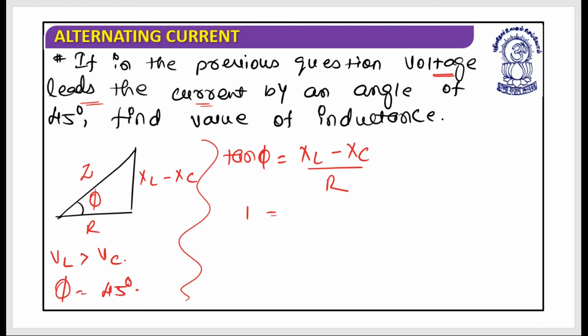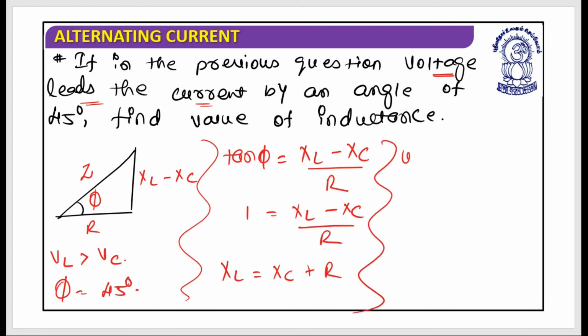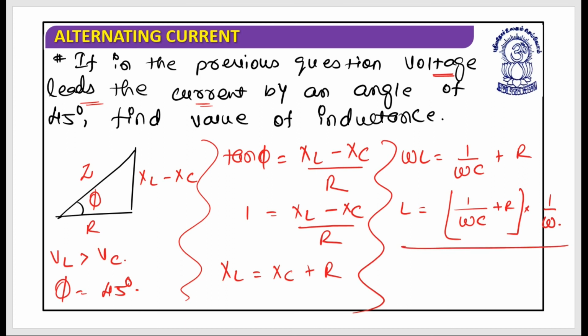So this is 1, equal to XL minus XC divided by R, or I should say XL is equal to XC plus R. So omega L is equal to 1 by omega C plus R. From this, L is equal to 1 by omega C plus R into bracket 1 by omega. I hope this is clear. This is the inductance.